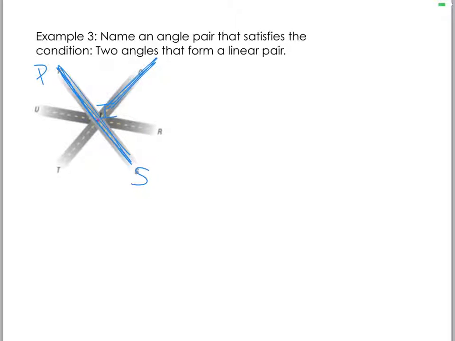So I'll choose Q. You really could choose anything that you want. So we're going to say that angle PIQ and angle QIS form a linear pair.